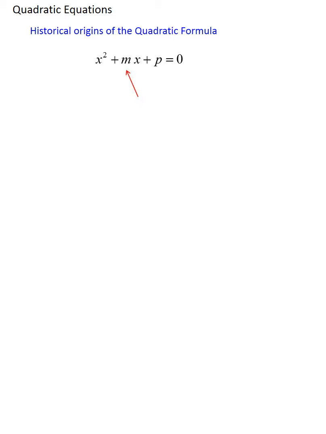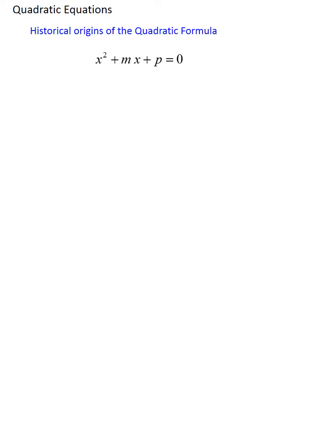Remember, the only thing that changes from problem to problem is there's a number here and a different number here. So they decided to let M and P, just two randomly chosen letters for no reason, represent whatever numbers might be in those two slots.